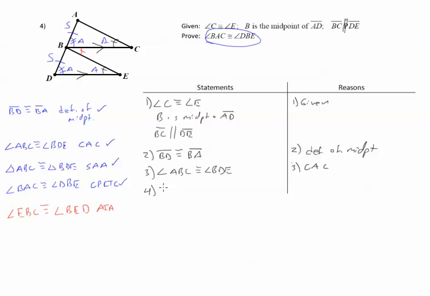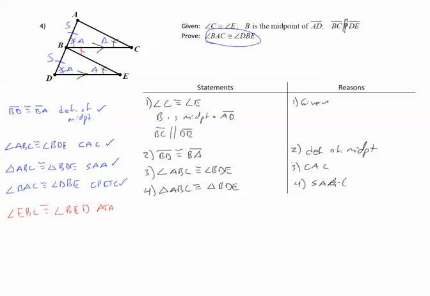Now I have enough information to state that triangle ABC is congruent to triangle BDE. We can state that by using side, angle, angle.